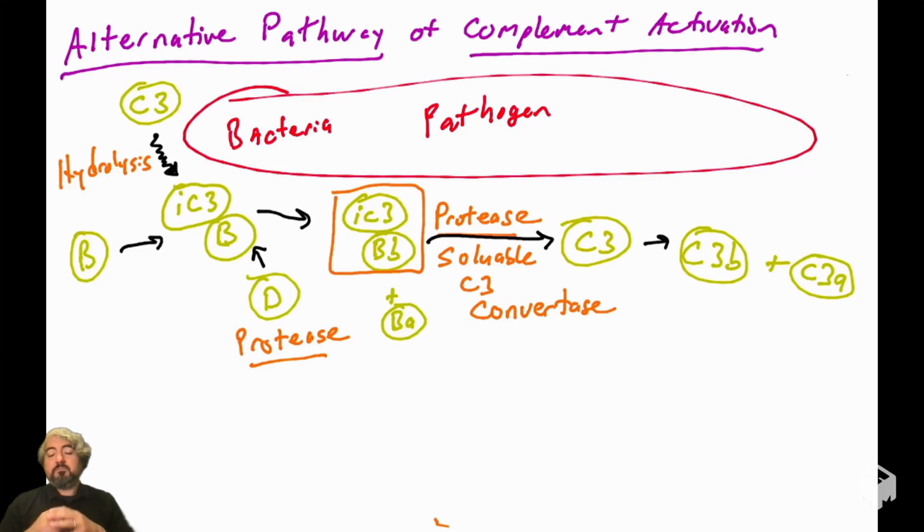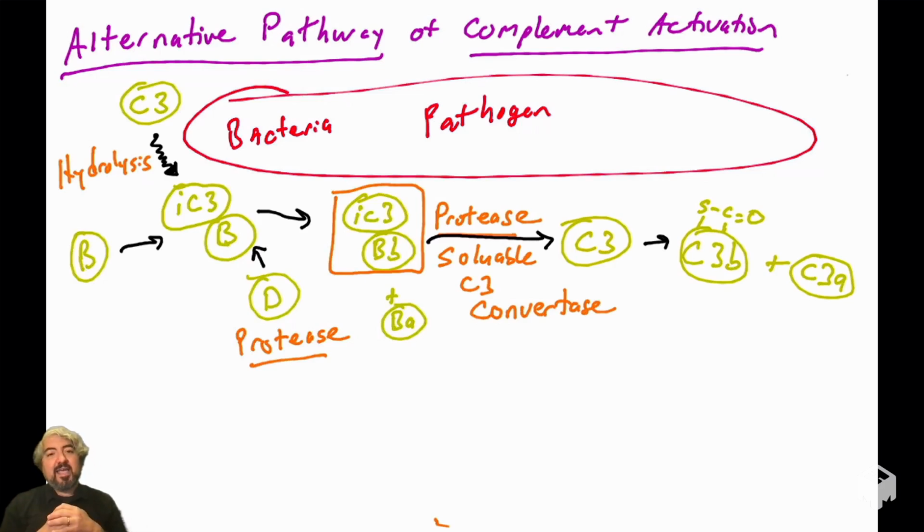Okay, so far so good. C3a, we're going to talk about in a later video. It does something, but it's not involved right now in what's about to happen on the surface of the pathogen. When C3b is formed, it exposes a very reactive thiol ester bond. If you recall from organic chemistry, there's a sulfur in here and a carbon with a double bonded oxygen.